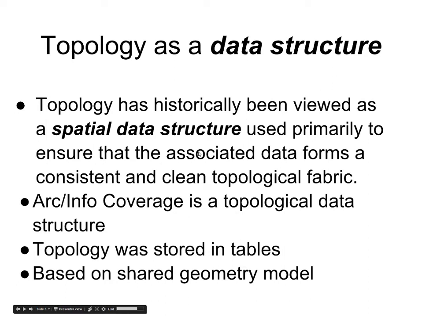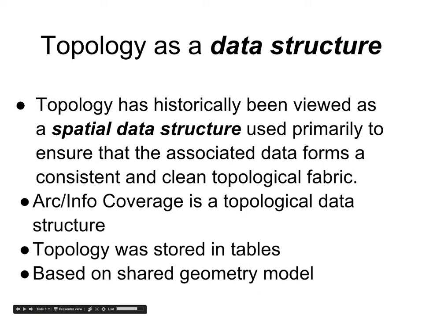So historically, topology was part of the actual data structure, and what this means is it was part of the actual data format. And so another historical look back at the ArcInfo coverage, that data model we talked about early on, it was the first topological data structure. Topology was actually stored in tables.